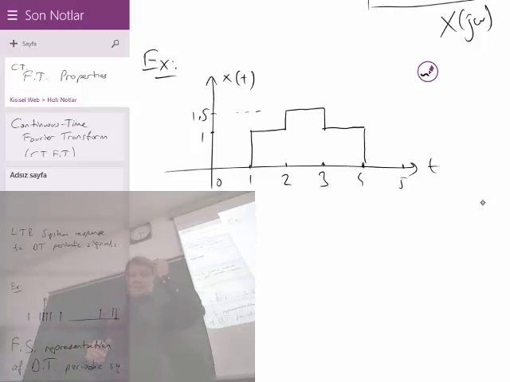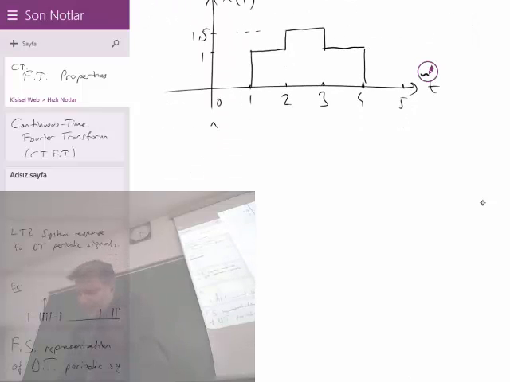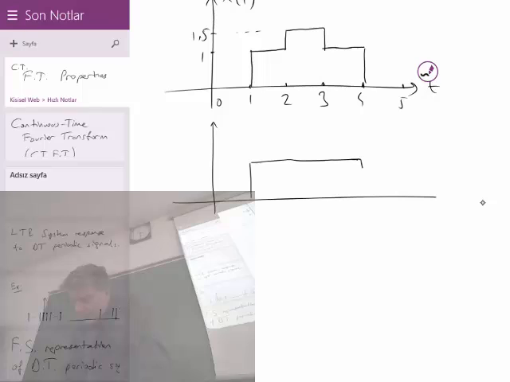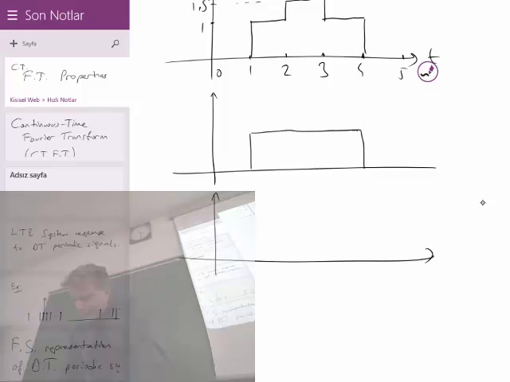So how can you find the Fourier transform of this one? For that, all you need to say is it's a combination of this rectangle, which, well, we can give a name to that if you wish, and this rectangle from 1 to 4 and from 2 to 3.